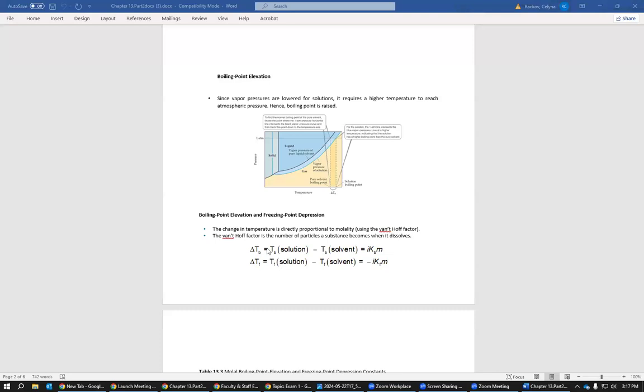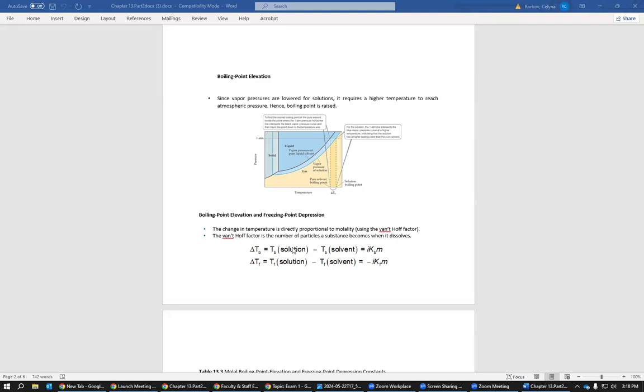So let's go here. For the boiling point, delta TB, the boiling point elevation. The boiling point will be higher if we add a non-volatile solute to the solvent.